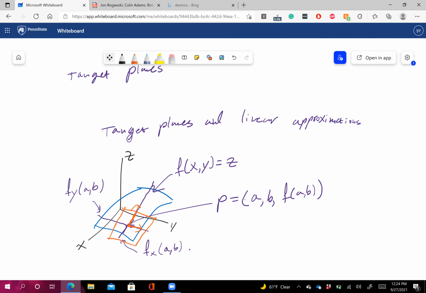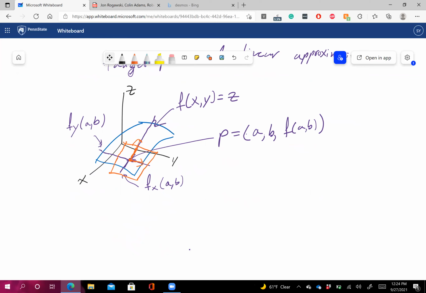And what we can say is that this vector over here is going to be in the form of, well, x is not changing along the vector. So x is 0. It's going only in the z and the y direction, not in the x direction, so there is no x component.